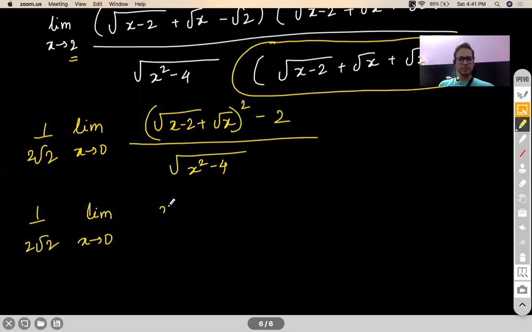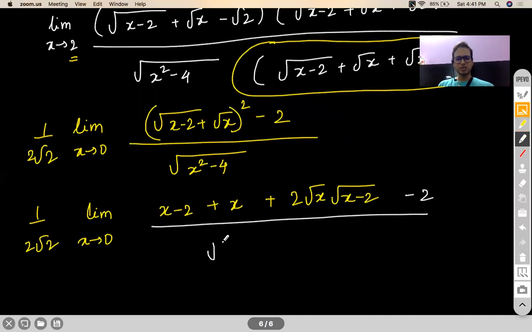Square of this will give you x minus 2 plus x plus 2 under root of, or let me write it separately, 2 under root of x under root x minus 2. And this minus 2 which is left off, I'll write it over here, whole divided by under root of, now x square minus 4 I can break up as x minus 2 times x plus 2.